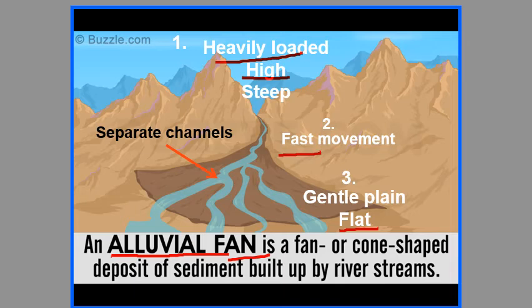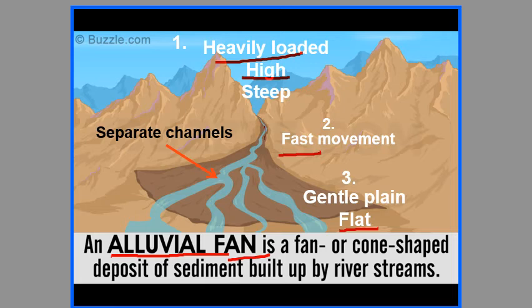As this river flows quickly down the steep-sided mountain, it deposits all that silt and sand that it was carrying in the shape of a fan. So an alluvial fan is a fan-shaped or a cone-shaped deposit of sediment.